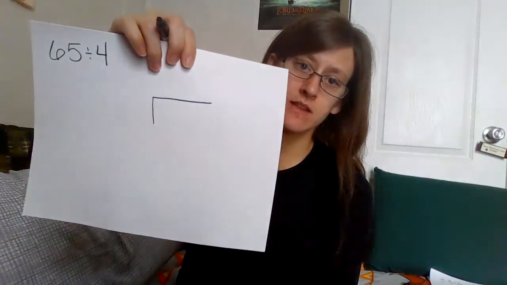If you're not done, pause your video and keep on working on your division, work it out, do your check at the end, and then when you're ready, you can continue the video and still check your answer here. Alright, so you're doing 65 divided by 4, and you're doing your long division method.